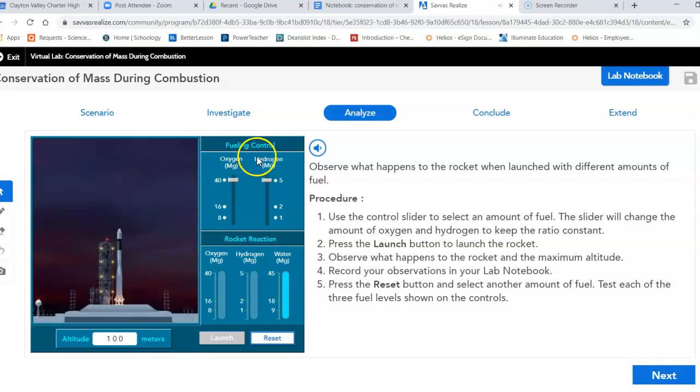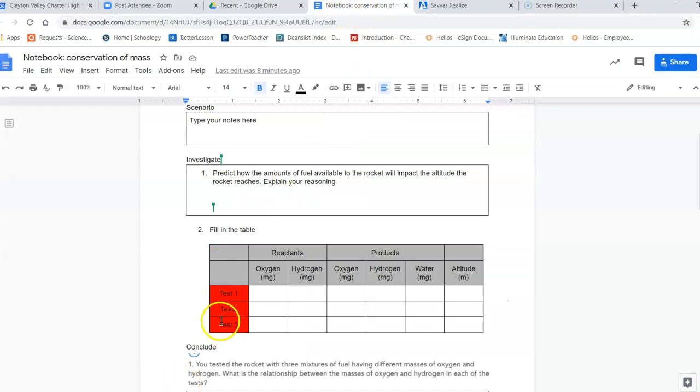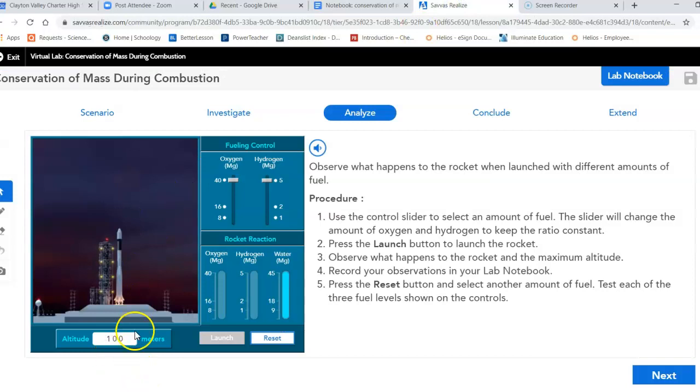Here is the amount of reactant, here is the amount of product, and here's how high the rocket went up. So this would be your third trial. And the nice thing about the video is that you can just stop and record the numbers and I can just keep going.